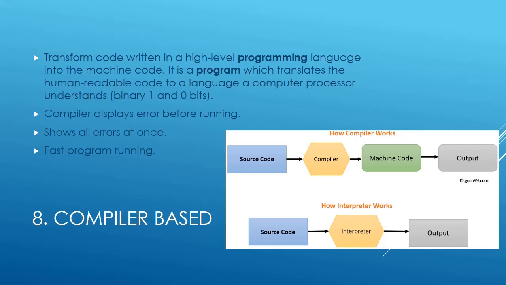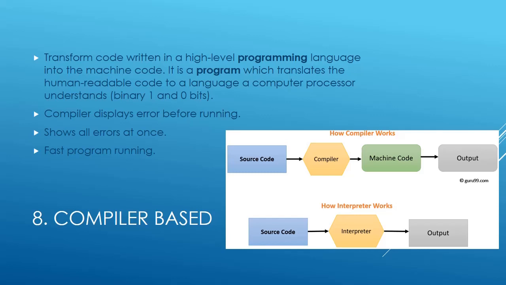If that has an error, the interpreter stops working and shows the error. When we fix that error, the interpreter continues to the third line, and if that line also has an error, it again stops and shows the error. On the other hand, the compiler shows all the errors at once so that we can fix all of them and run. This increases the pace of running the program.